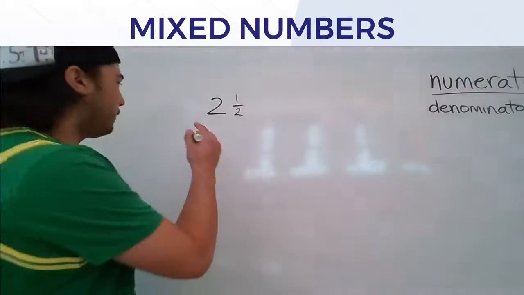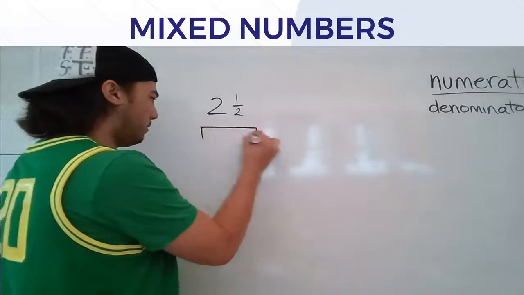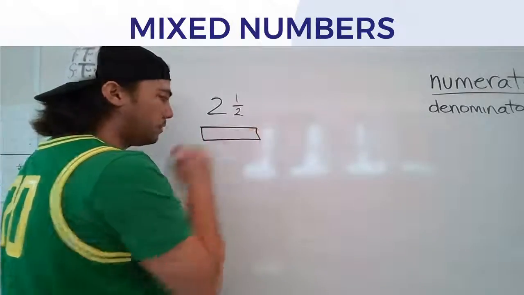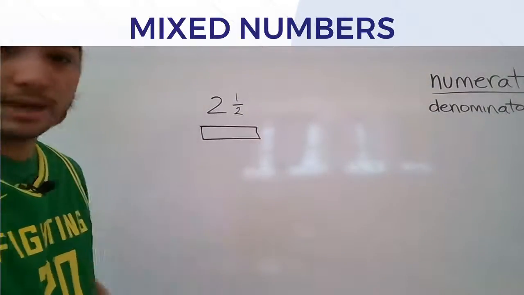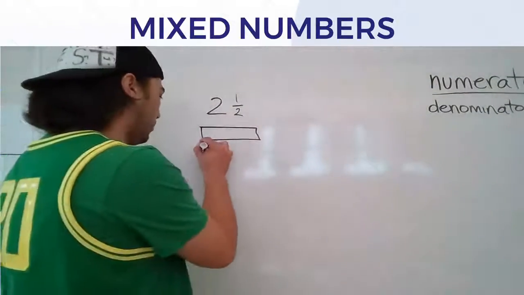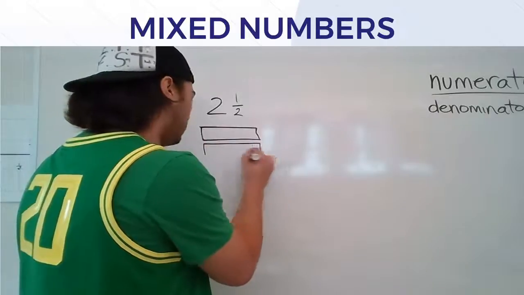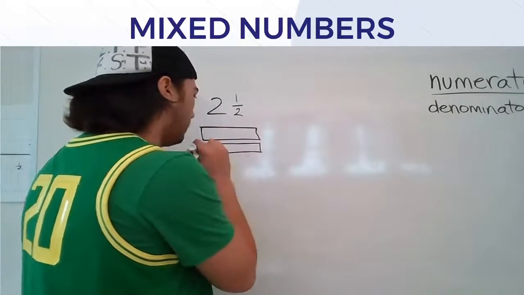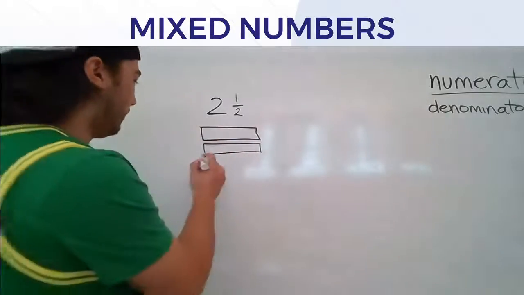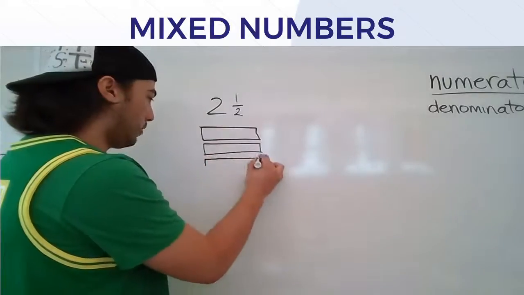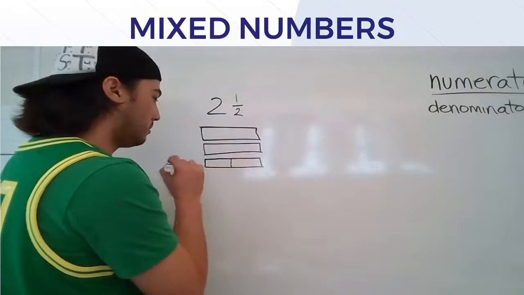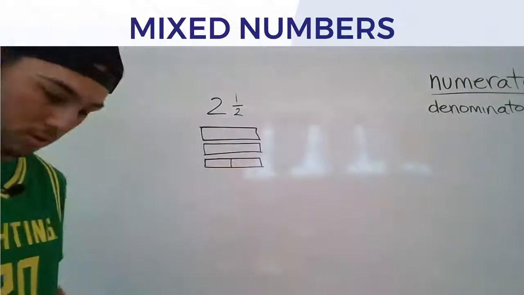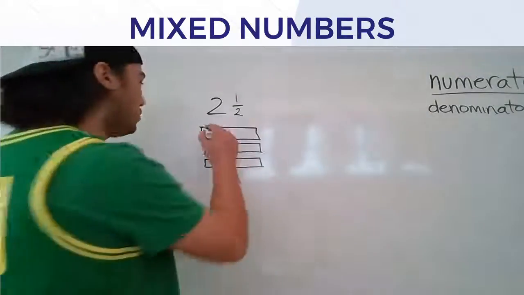If we wanted to draw it out, we use our fractions bar, but we don't have to break it up into anything because we're just using this as a 1. This is the same thing as our little ones cheese cubes, if we think back to our manipulatives days, okay? So we have 2, and we're going to have a half. So we're going to break one of these up into 2 pieces. And then we're going to shade in 1.